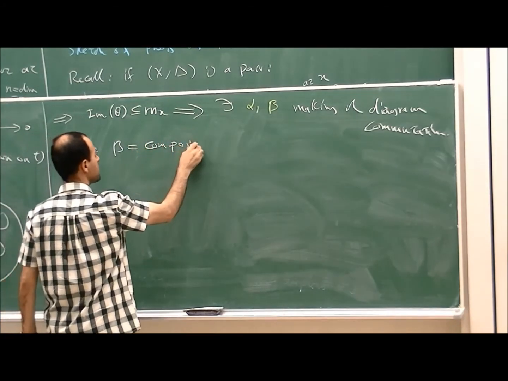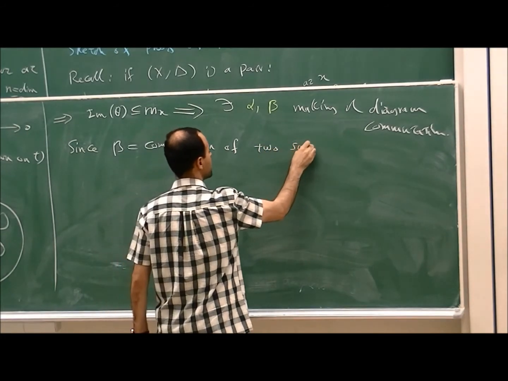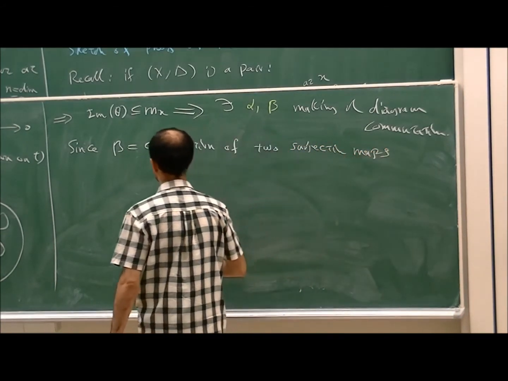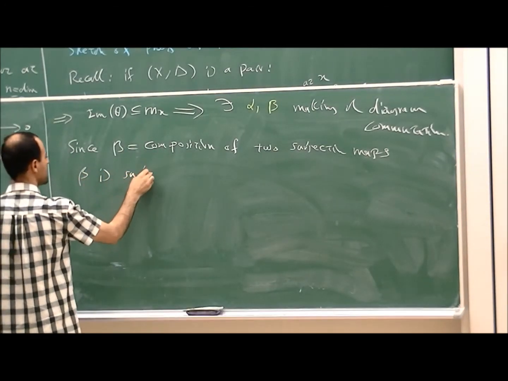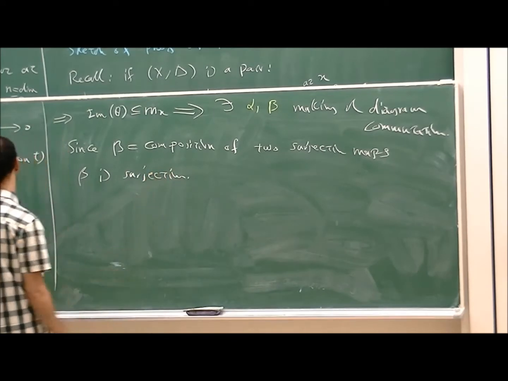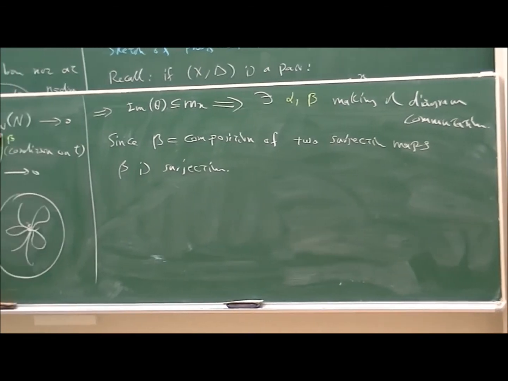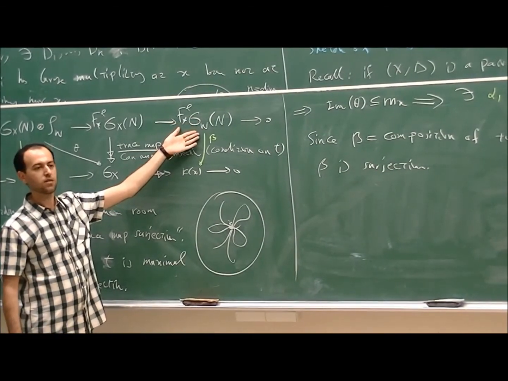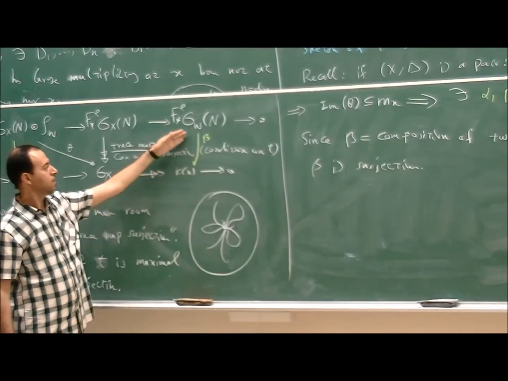So the beta is a composition of two surjective maps. The beta itself is also surjective. So you have a sheaf on W, but the W itself is concentrated at one point. It's an affine scheme, and here you also have that one point which is affine.